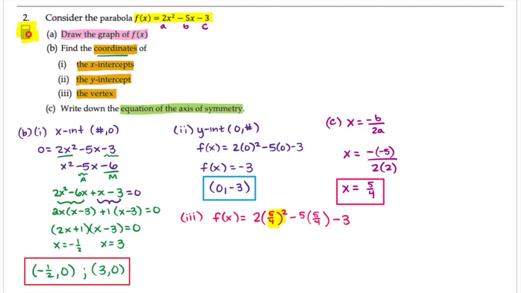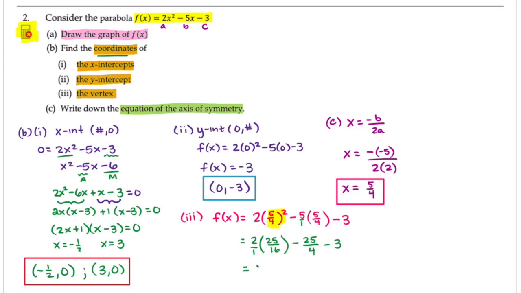5 over 4 squared, you're distributing that to each piece, the numerator and the denominator, giving you a 25 over 16. Here I'm going to multiply that -5 with 5, which is -25 over 4, and I have a -3. So let's just keep multiplying across.